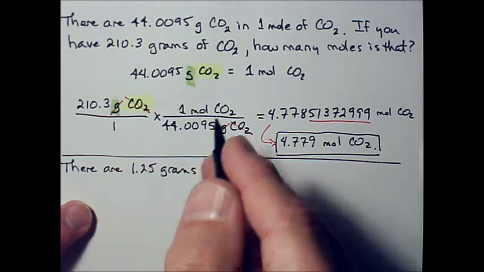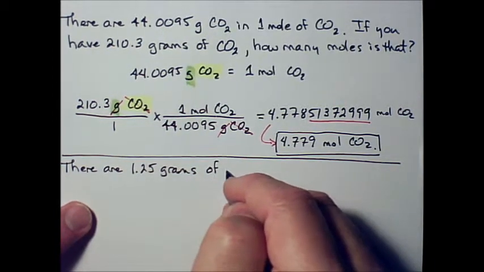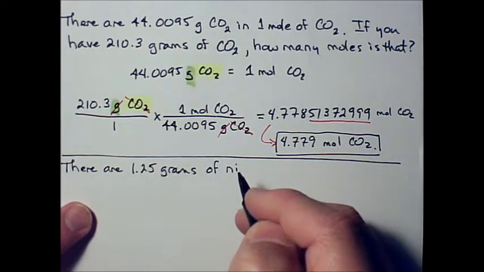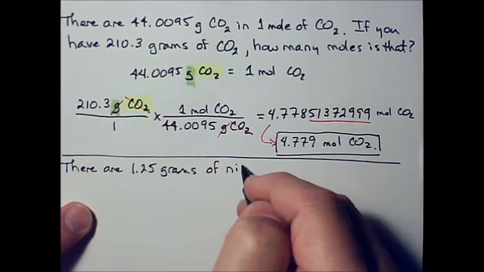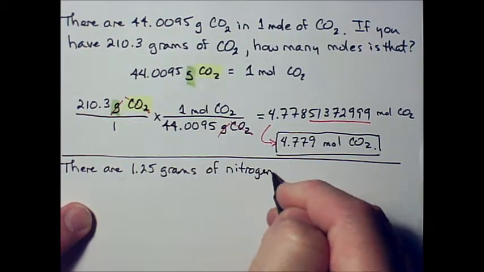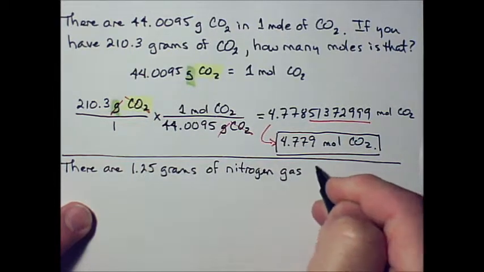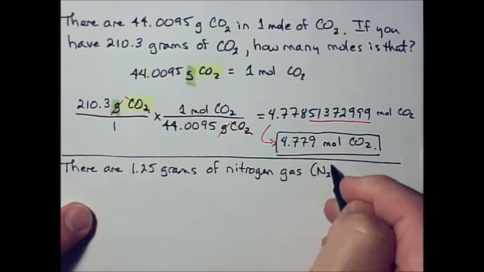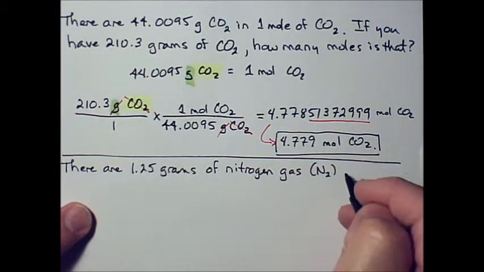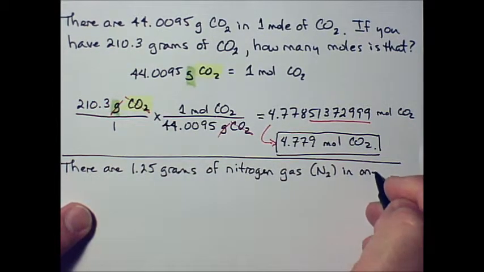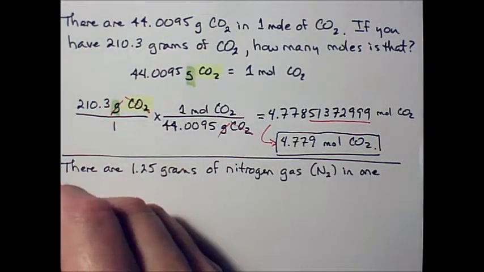So 1.25 grams of nitrogen. Symbol for nitrogen gas is N subscript 2. So there's 1.25 grams of that in 1 liter.